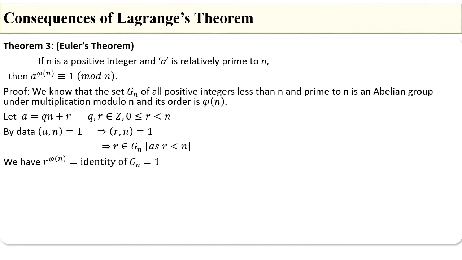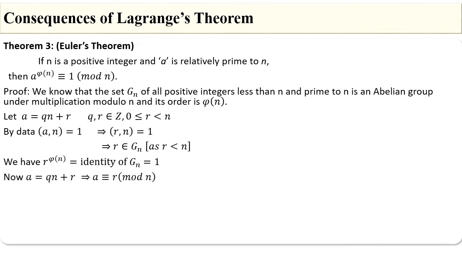Therefore, r to the power phi of n is equal to the identity of Gn. But the identity of the finite group Gn is 1. Therefore, r to the power phi of n is equal to 1.